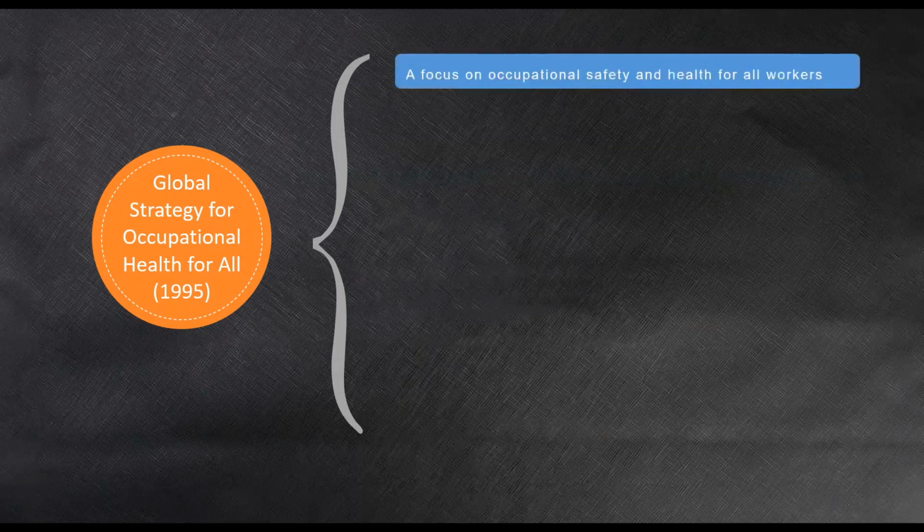Now, in response to the call for occupational health and safety, in 1995, the WHO developed guidance for occupational health, and they called it the Global Strategy for Occupational Health for All. The global strategy focuses on occupational safety and health of all workers, regardless of age, sex, and nature of work or industry.